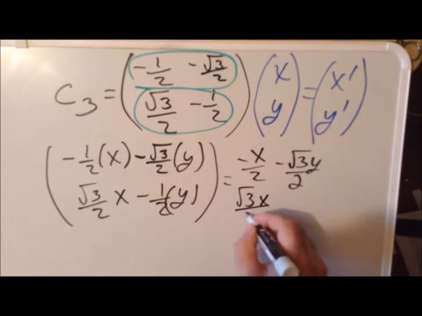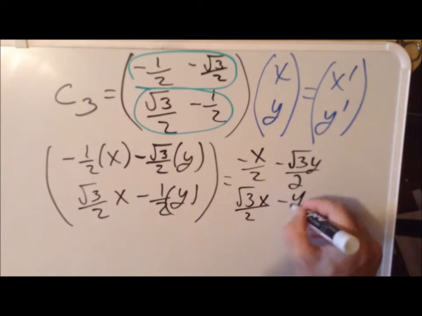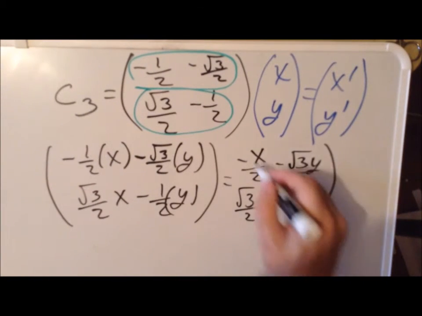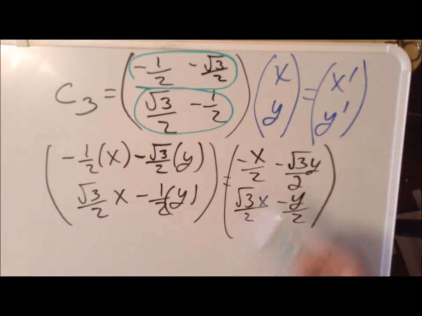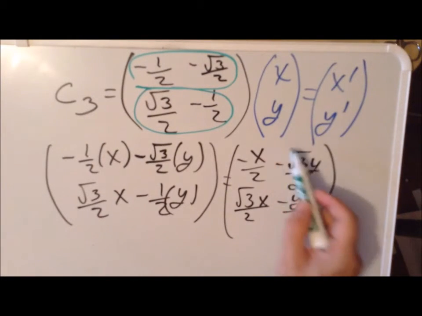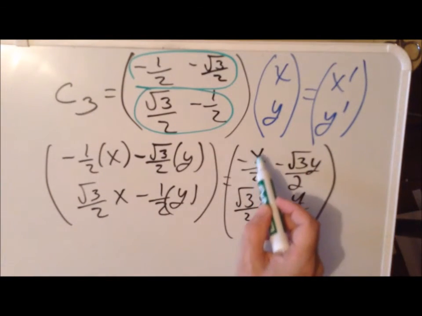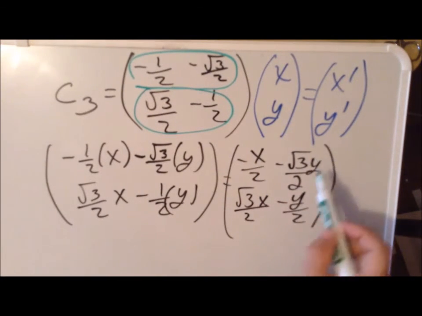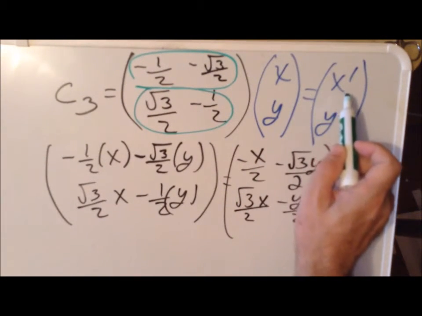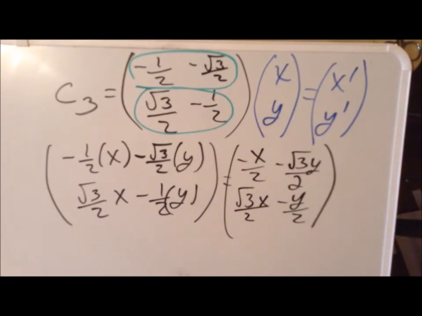Now the important thing to see here is in a C3 rotation, what used to be the x coordinate, to get the new x coordinate, it involves what the old x coordinate used to be, but also what the y coordinate does. So to see how x changes, not only does it depend upon the x that we started with, it's going to depend on the y that we started with also. This is why I refer to this idea of mixing of coordinates. So in the new x, in x prime, we have both the old x and the old y.